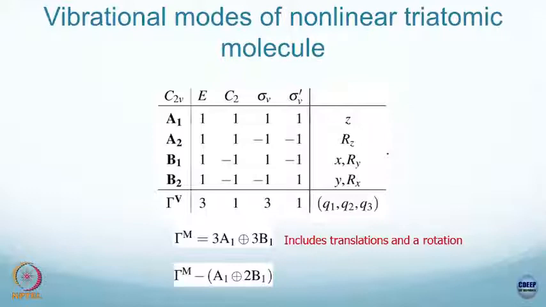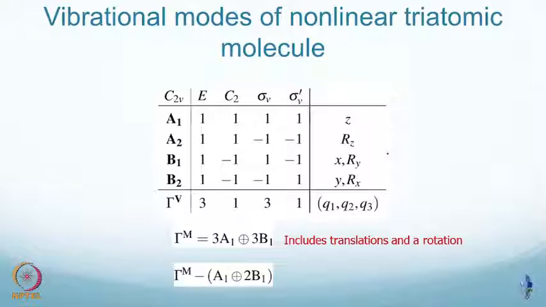Of the 6 degrees of freedom, 3 belong to the A1 irrep and 3 will belong to the B1 irrep. But you have to remember it includes translation and rotation, because I am doing it like a 2D plane.